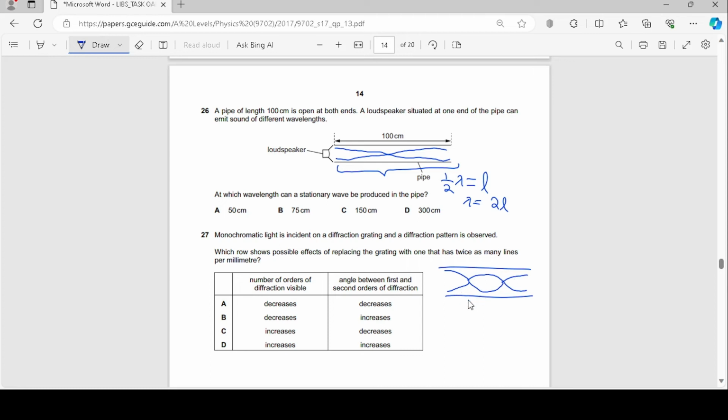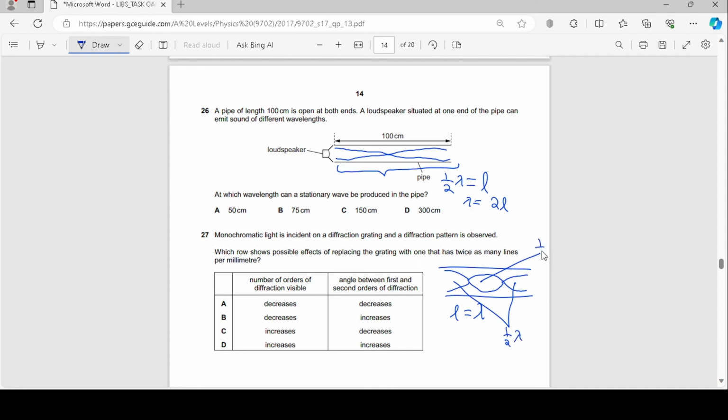So now L is equal to one full lambda, because this is half lambda and these two are half lambda.